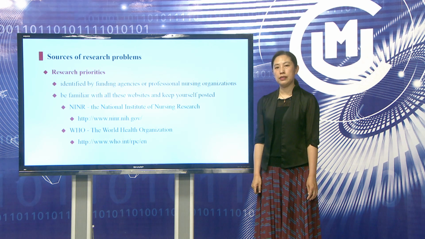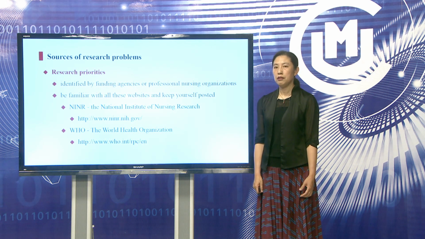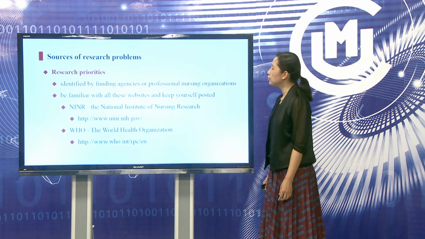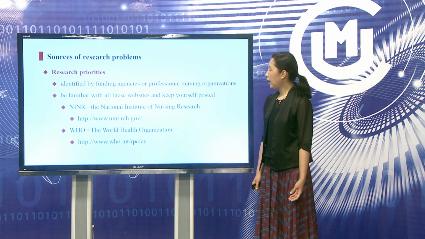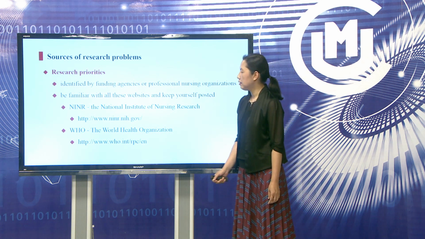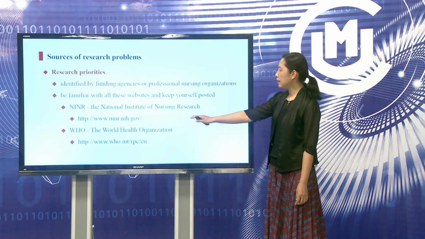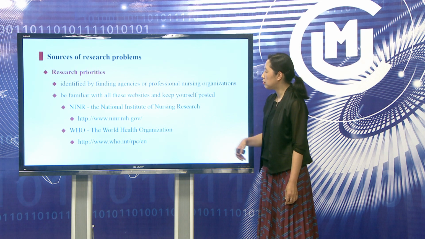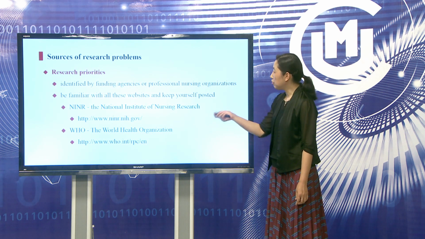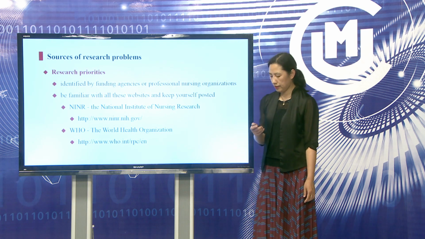I would say you must be familiar with all these websites that are related to your career and your area, and keep yourself posted. So I gave you two websites that are really popular. One is from the United States, the National Institute of Nursing Research, and I will give you an example about this. And the WHO website is also informative.